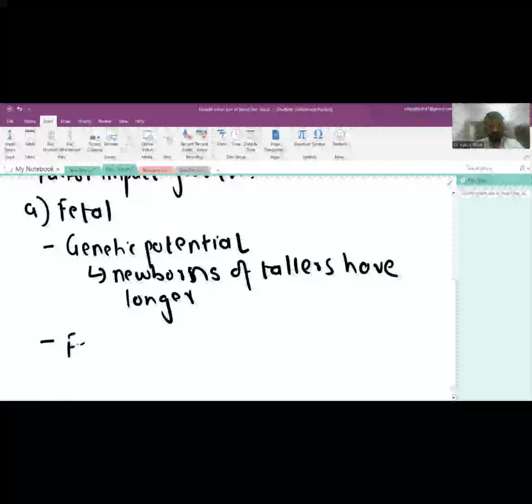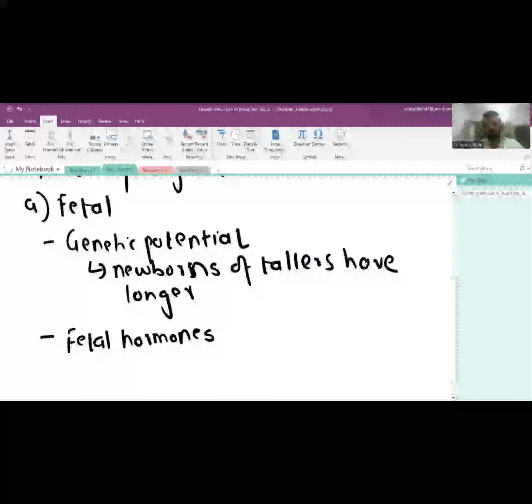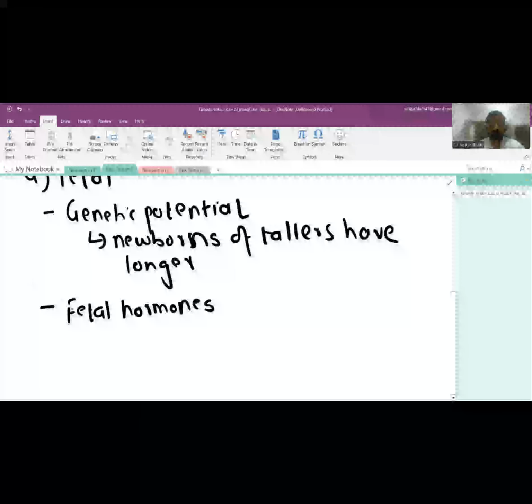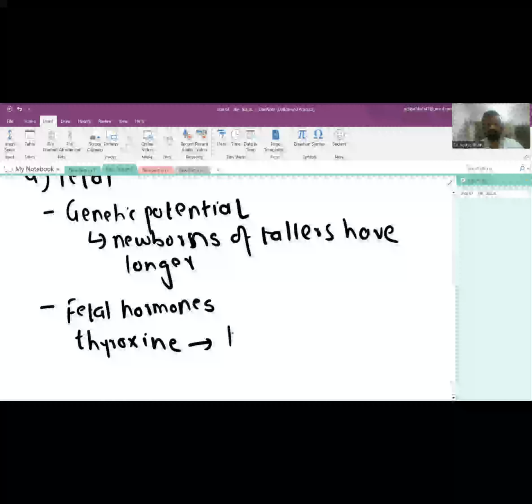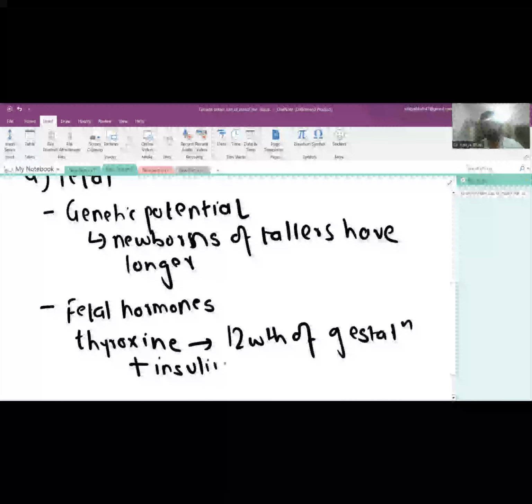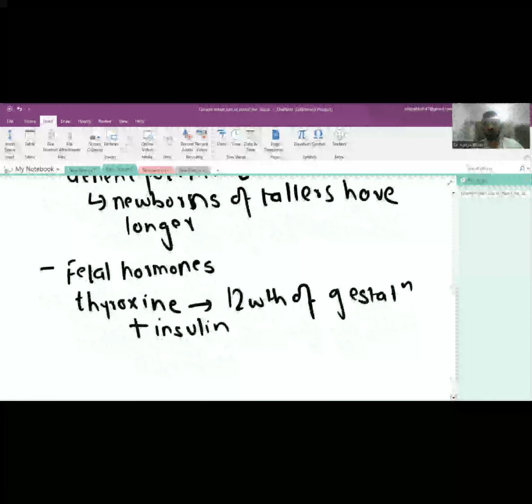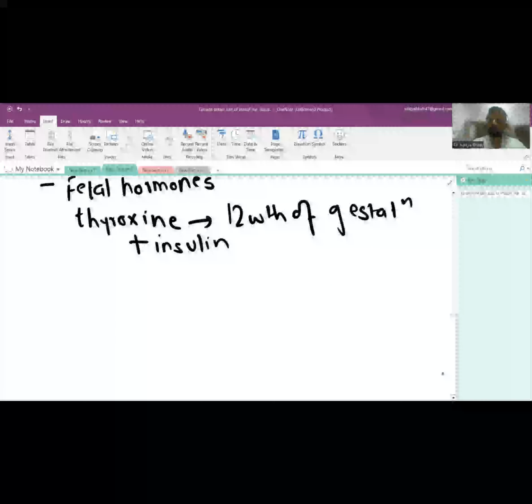The second one is the fetal hormones. Which fetal hormones are important for growth? You have to remember that the human fetus secretes thyroxine at the 12th week of gestation, and this plus insulin is very important for growth inside the uterus or womb of the mother.